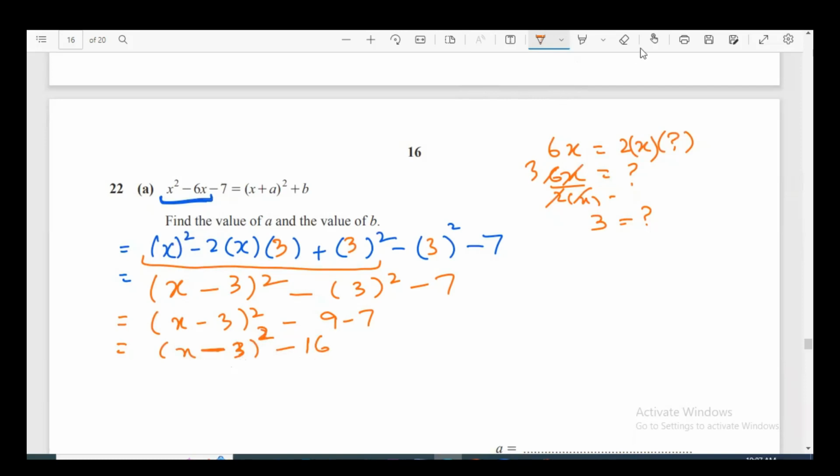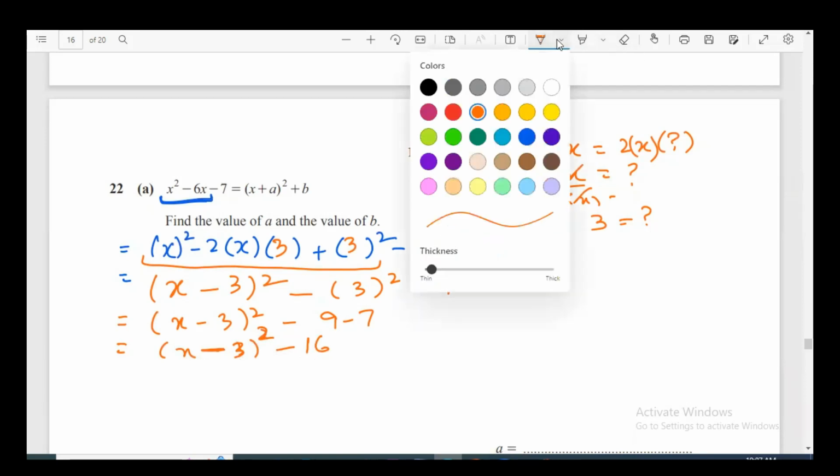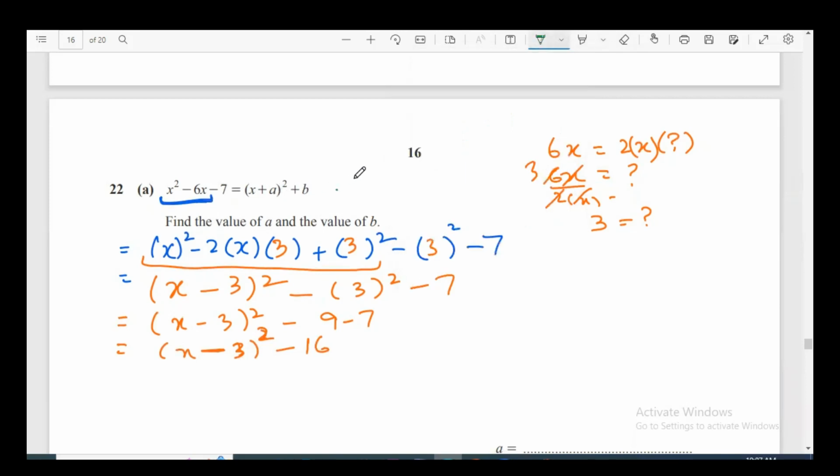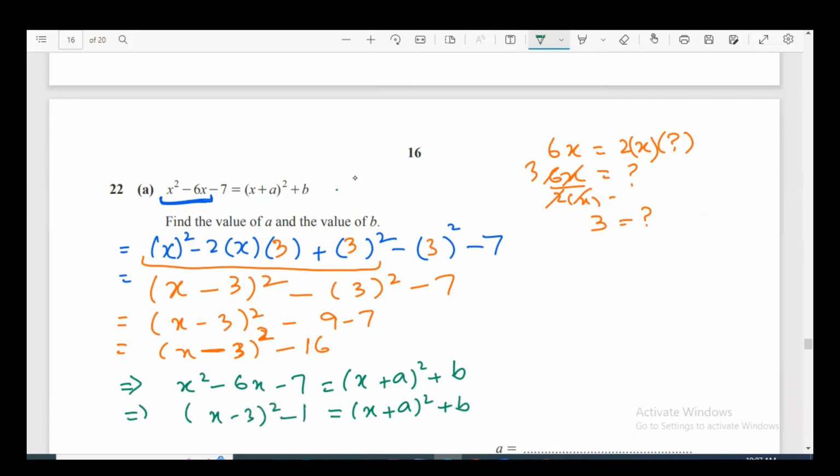So after comparing with (x plus a) square plus b, now we have to write that. First, I'm going to copy the question, which is (x plus a) whole square plus b, and the completed form is (x minus 3) square minus 16.